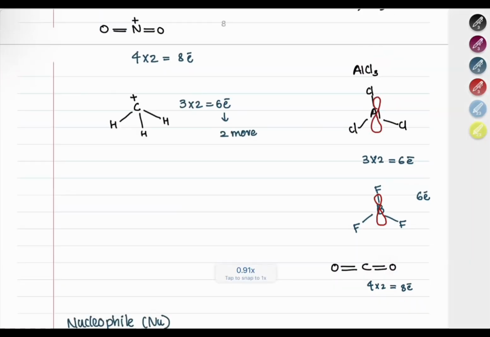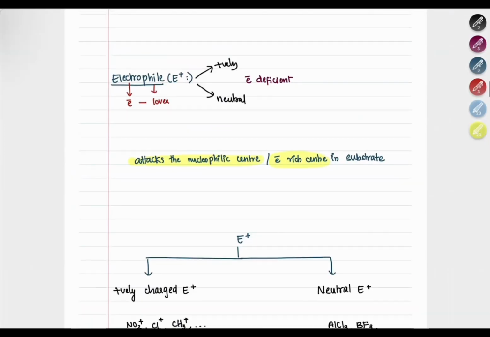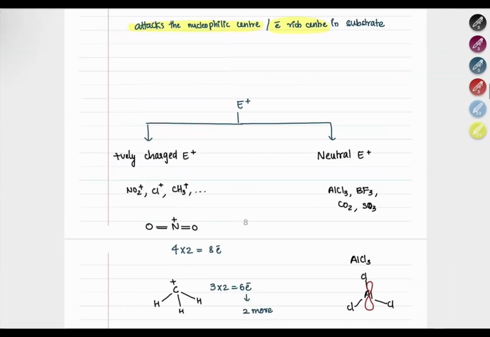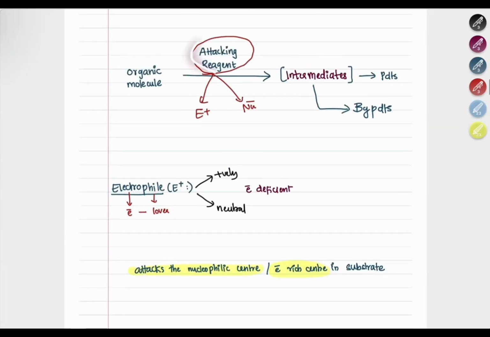Okay. So we have seen what an electrophile is, and there are 2 types: one is positively charged electrophile, one is neutral electrophile. All of these are electron deficient and will react with a nucleophilic center or electron rich center in a molecule in an organic reaction. Now we will see the second type of attacking reagent, that is nucleophile.